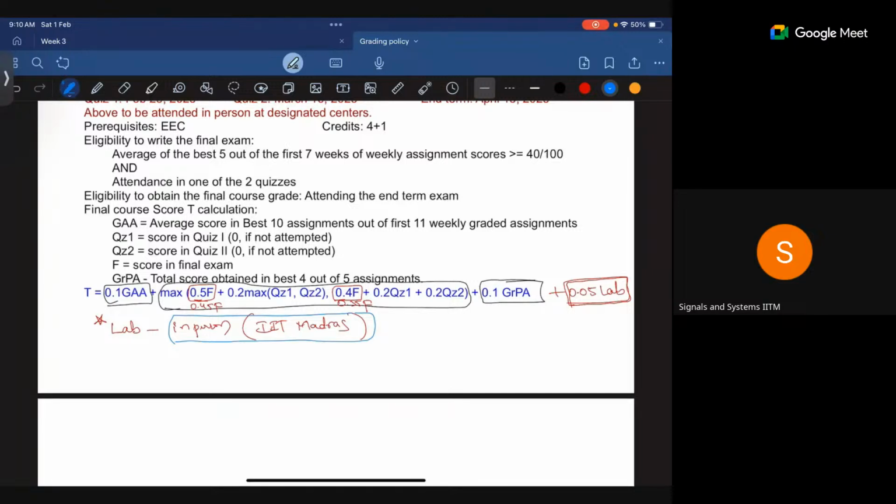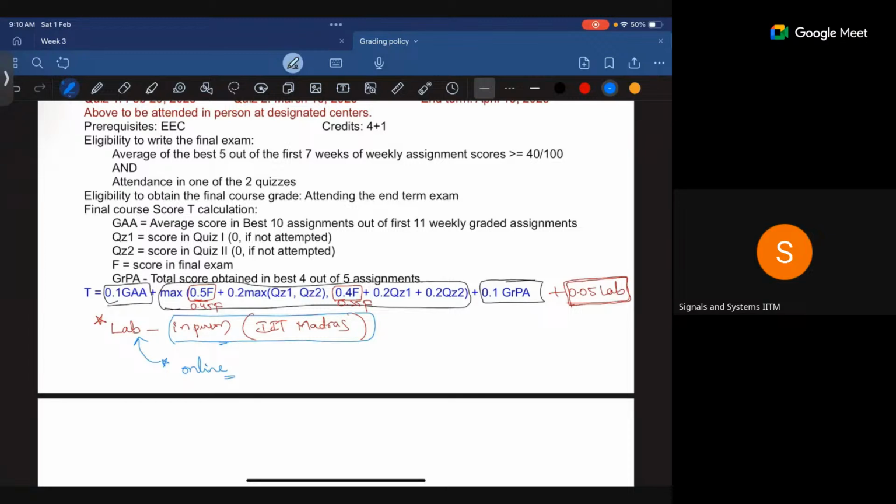Whereas you will have some relaxation that, let's say, if you are not able to travel to IIT Madras or you are unwell or if you have any other personal reasons where you are unable to travel, you can do this lab component online also, and this will also be released in the month of May. Okay, but you have to do any one of these things, in person or online. So that's the only relaxation you have.